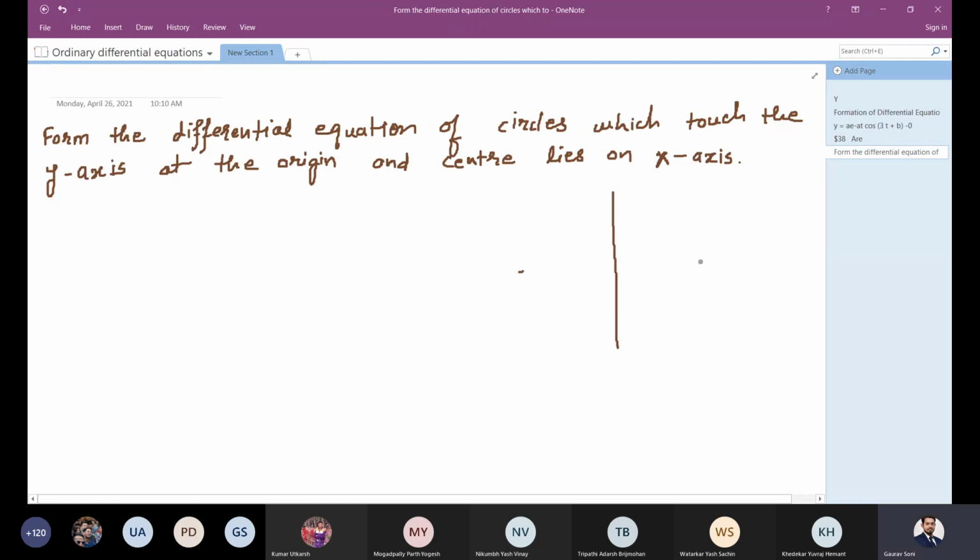Identify the circles first of all which are satisfying this condition. So you have the center on the x-axis and the circle is touching the y-axis. First circle, second circle, so this type of circles are going to be there.